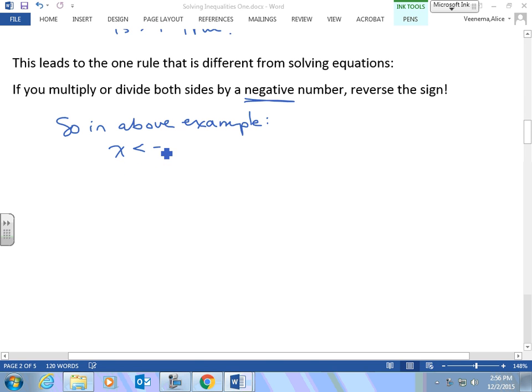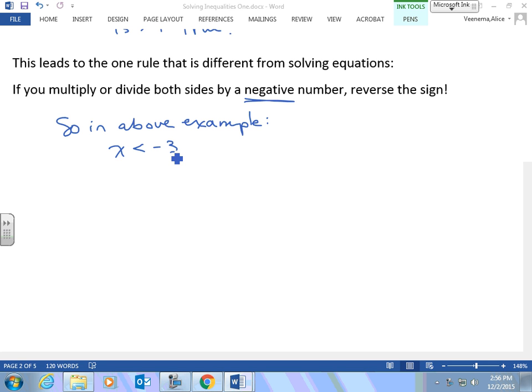And you could test more values of numbers less than -3, and when you multiply them, you'll see that you end up with numbers that are greater than 9, so that it is a true inequality.